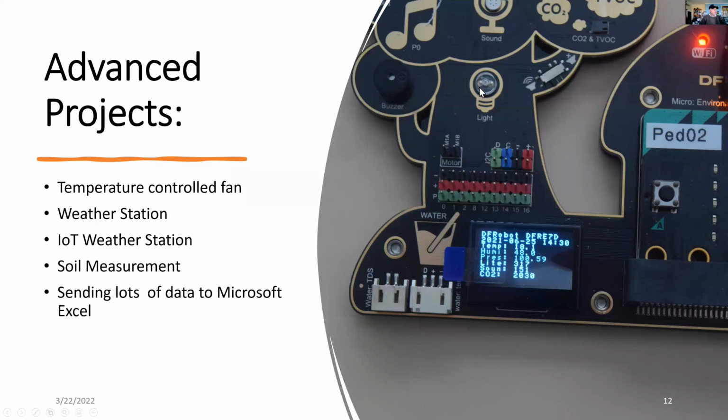For the advanced projects and for next week, we'll look at a temperature controlled fan, weather stations, an Internet of Things weather station. We'll also look at soil measurement and how to send lots of data to Microsoft Excel and look for trends in the data.